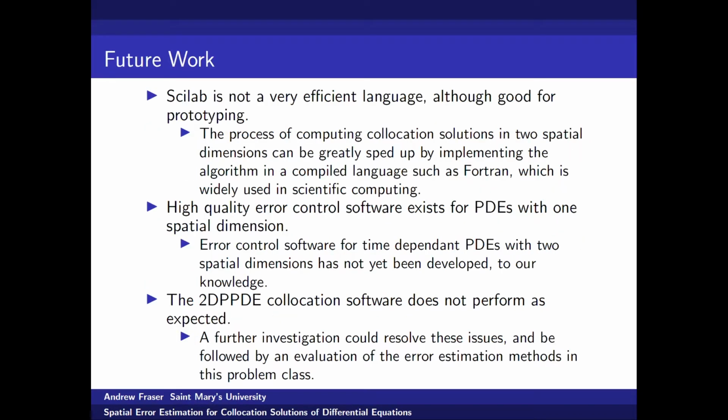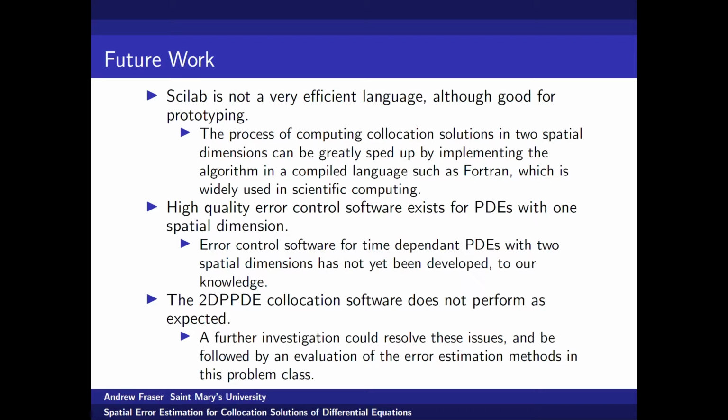Some future works from this thesis. The first one is that Scilab is not a very efficient language, although good for prototyping, and the process of computing collocation solutions in 2 spatial dimensions could be greatly sped up by implementing the algorithm in a compiled language such as Fortran, which is widely used in scientific computing.